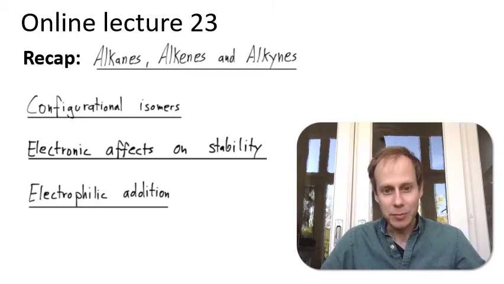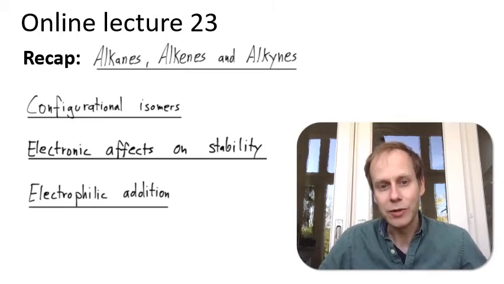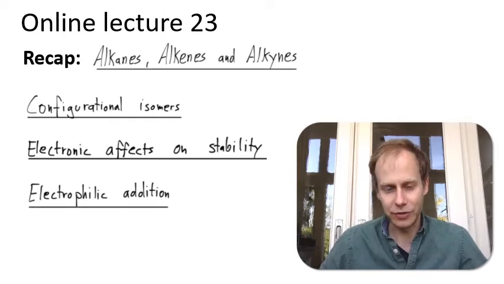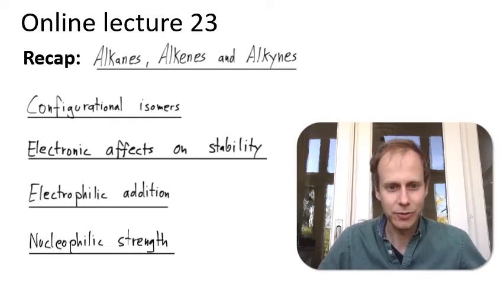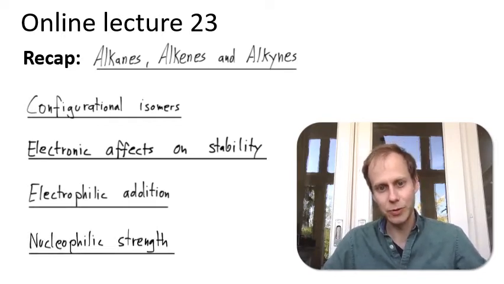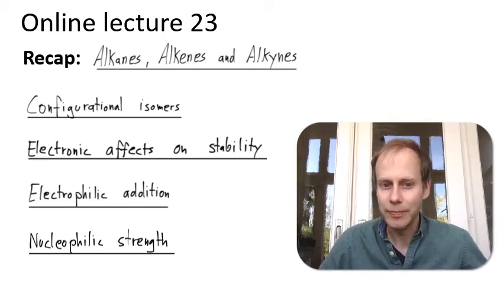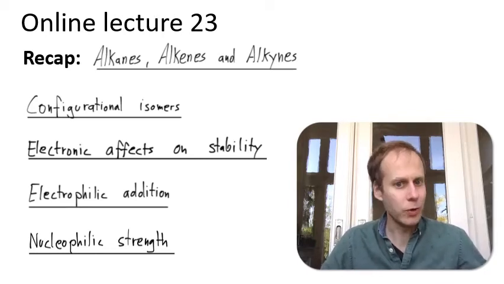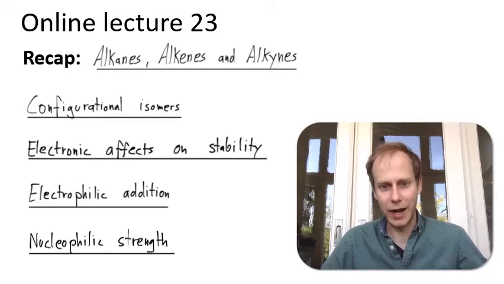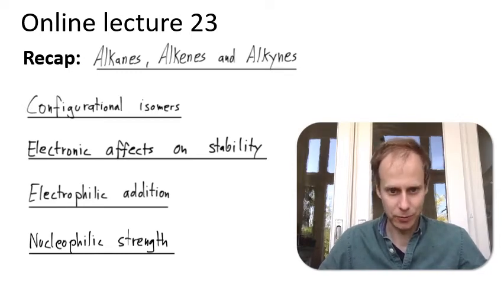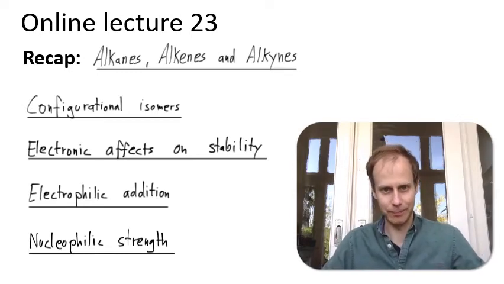Alkenes themselves act as nucleophiles in reactions, and they carry out so-called electrophilic addition reactions. So we'll talk more about this today. And the strength of their nucleophilic character depends on what R groups you have, if they are electron withdrawing or electron donating.